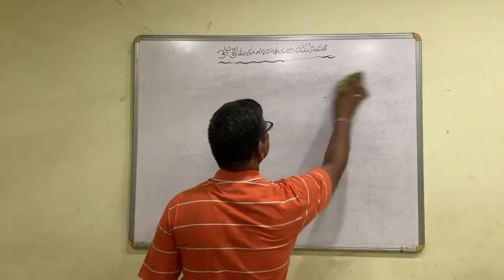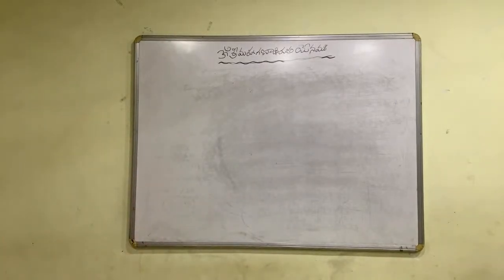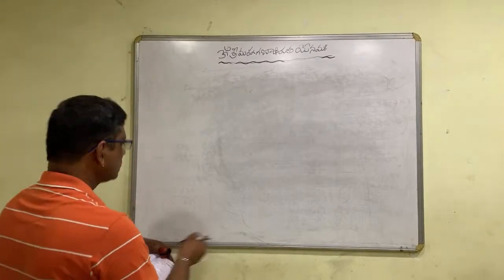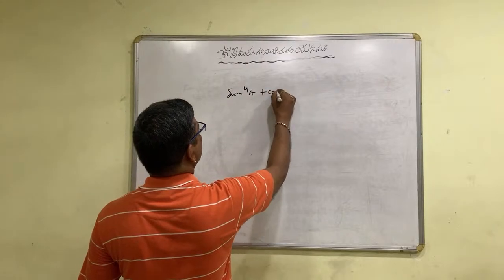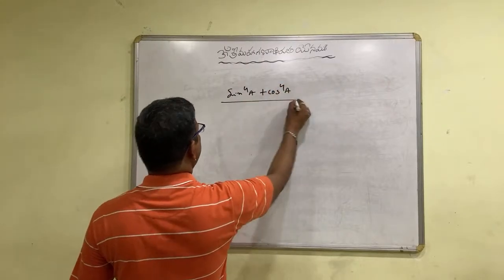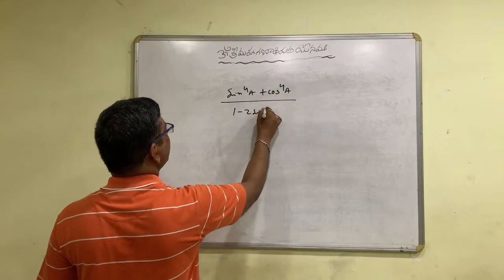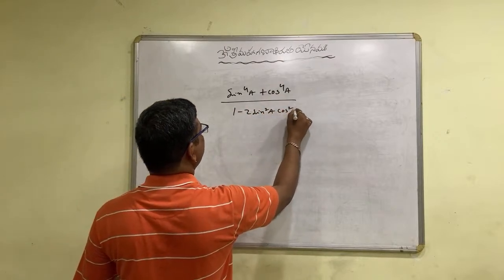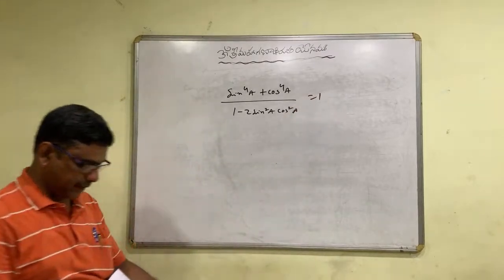The second problem is sin power 4A plus cos power 4A by 1 minus 2 sin square A cos square A. We need to prove that the result is 1.